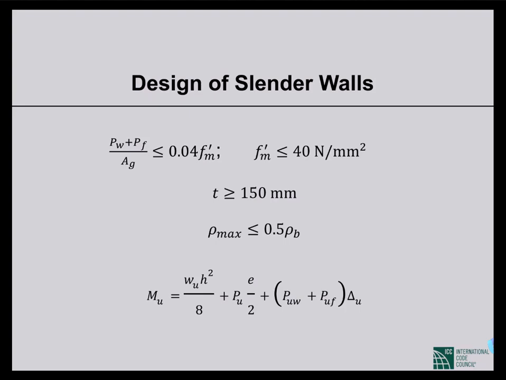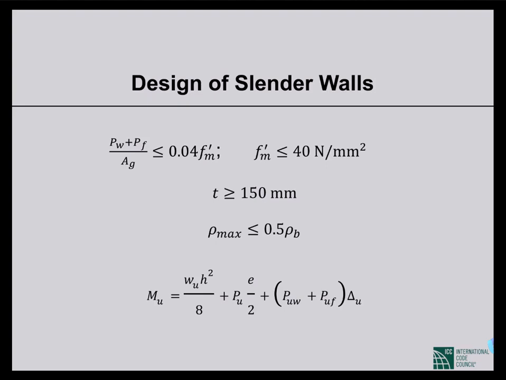For non-slender type of construction, we have to check the design using working stress design method. Maximum reinforcement ratio in the case of slender walls must be less than 50% of balanced steel ratio. And for slender wall, we have to indirectly take care of the second order effects.